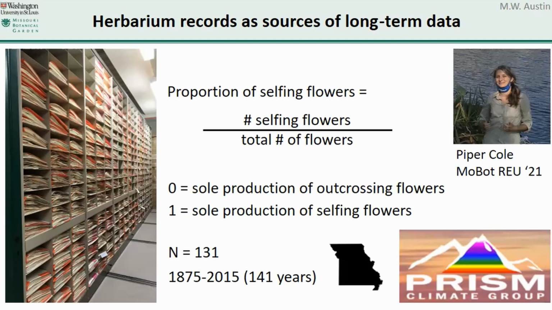Again, the proportion of selfing flowers is an estimate of outcrossing rate, where 0 indicates sole production of outcrossing flowers and 1 indicates sole production of selfing flowers. We focused our study on the state of Missouri, given the strong history of collection in the state here at the Missouri Botanical Garden.